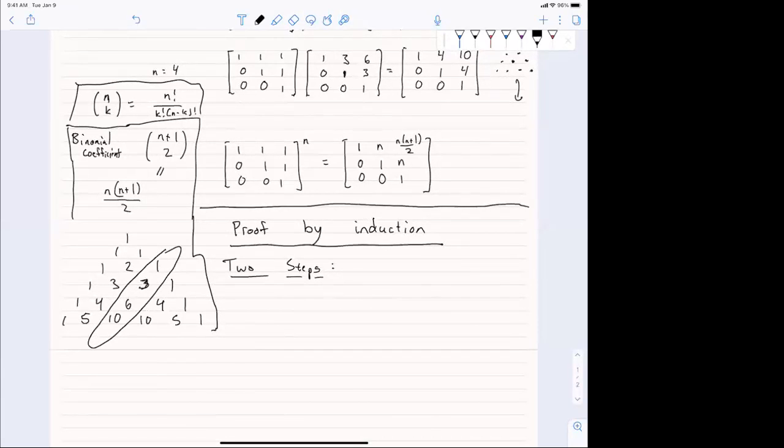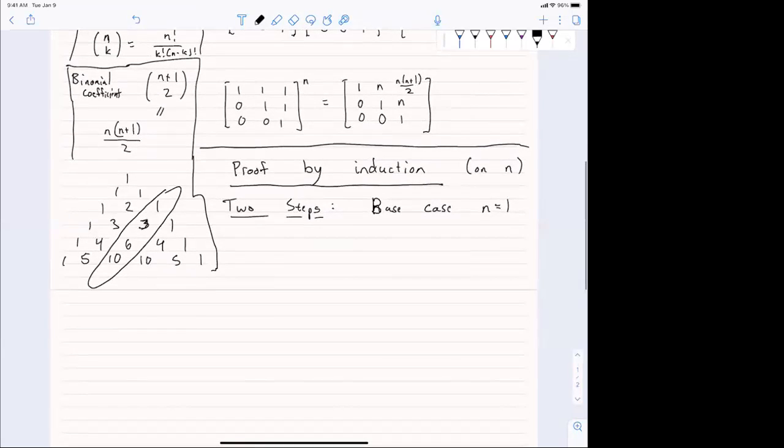In this case, it's on n. We're inducting on n. So here we have to take what's called the base case, which is n equaling 1. You might be able to do n equaling 0, but let's do n equaling 1. This isn't hard. We need to verify our formula for n equaling 1.